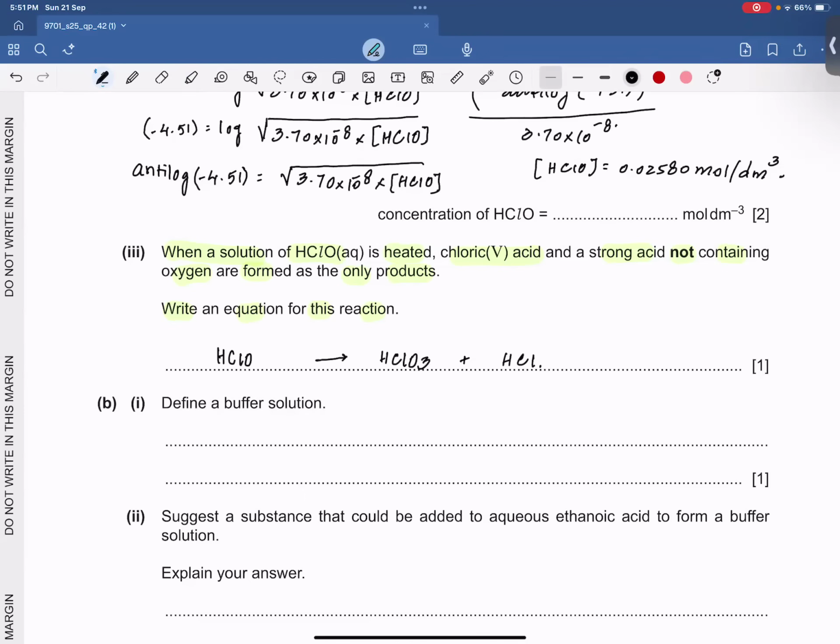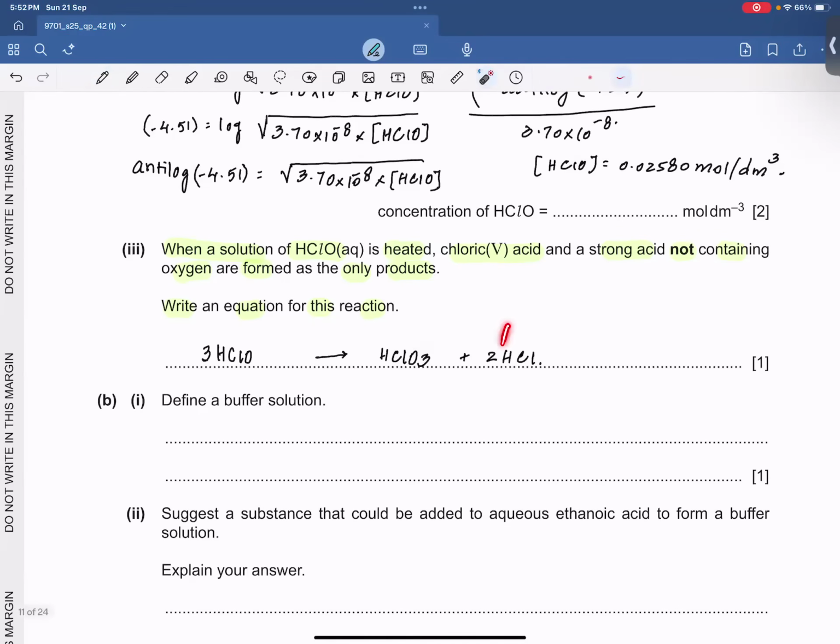Now I need to balance the equation. How many oxygens do we have here? 3. So put 3 here. How many chlorine atoms? 3. So put 2 here. How many hydrogen atoms? 2 plus 1, 3. And here 3 hydrogen atoms. So hydrogen is balanced, chlorine is balanced, oxygen is balanced, which means this equation is balanced.